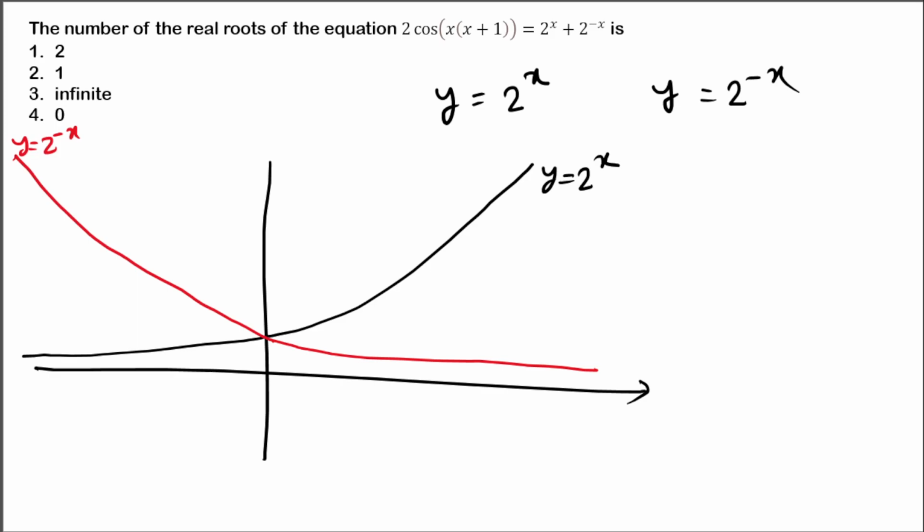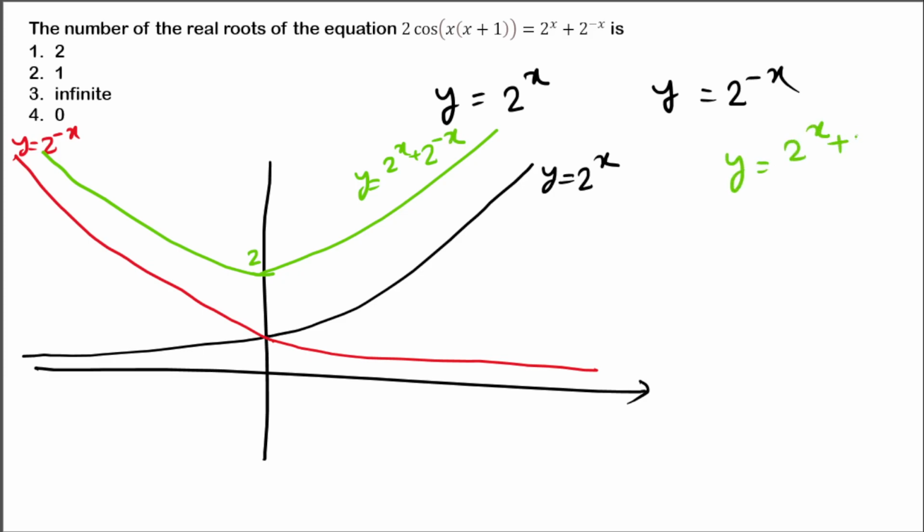You will have a third graph. This point will be 2, and it will look something like this. So this is y equals to 2 to the power x plus 2 to the power minus x. Now our equation was y equals to 2 to the power x plus 2 to the power minus x by 2. So again this will come down to some point. What point?